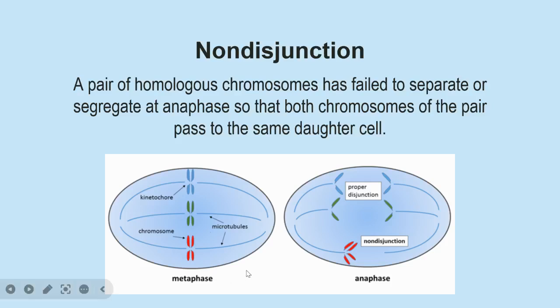So mapapansin po natin with the image here, with the proper disjunction po kasi, again, the non-disjunction appears in the anaphase I of the meiosis. Meiosis I, proper disjunction po, ito po siya. Totally separated or segregated at anaphase po. But when we say non-disjunction po kasi, a pair of homologous chromosomes has failed to separate or segregate at anaphase.